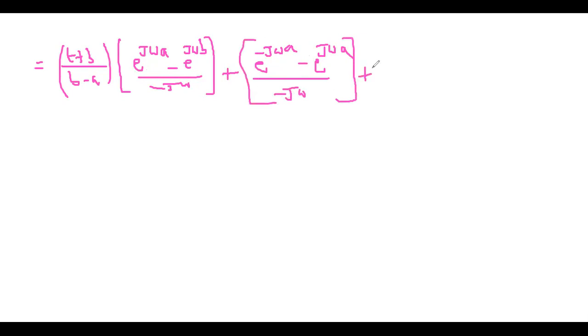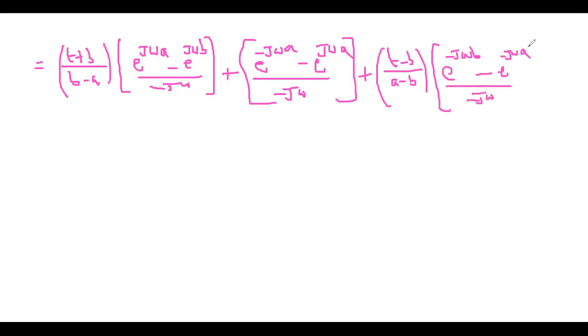Plus, I think it is (t − b)/(a − b) times (e^(−jωb) − e^(−jωa)), whole divided by −jω.